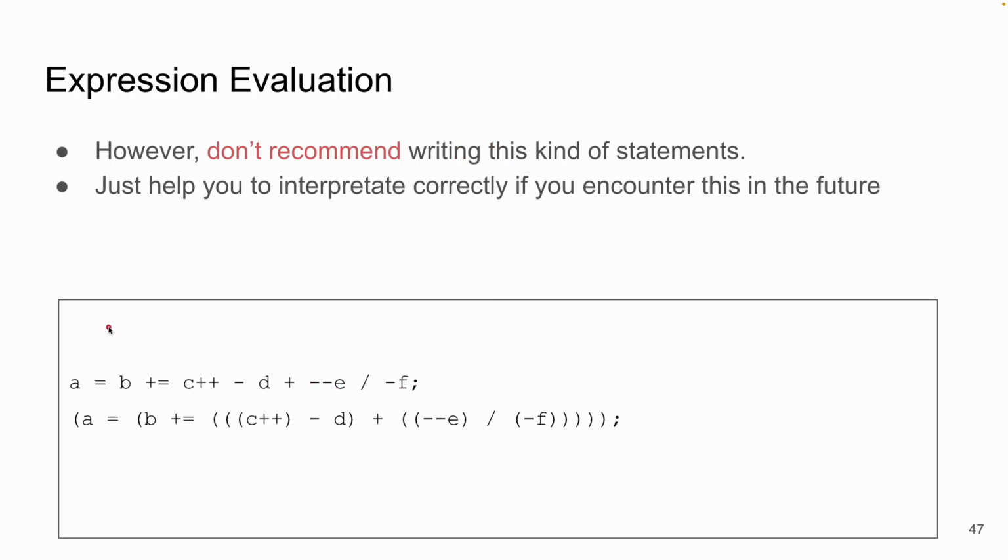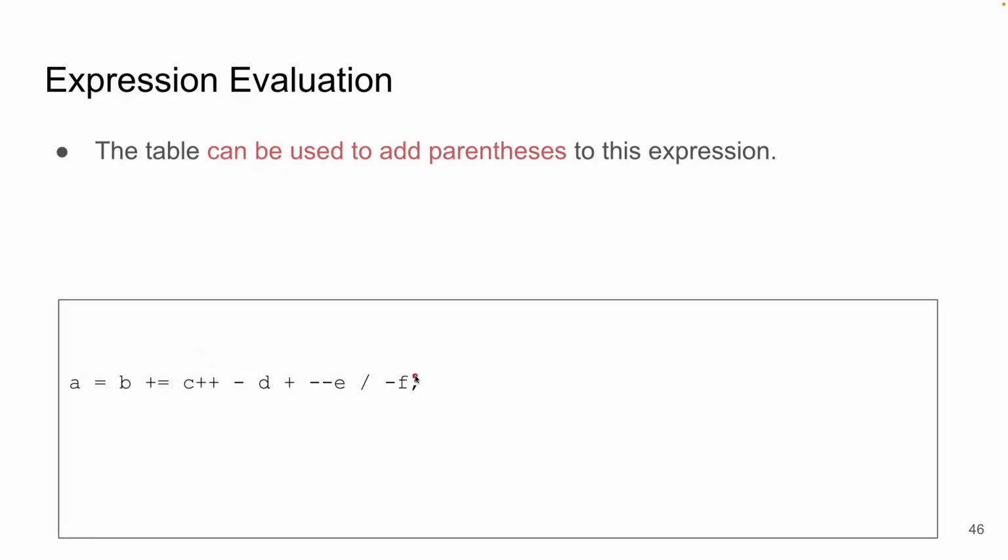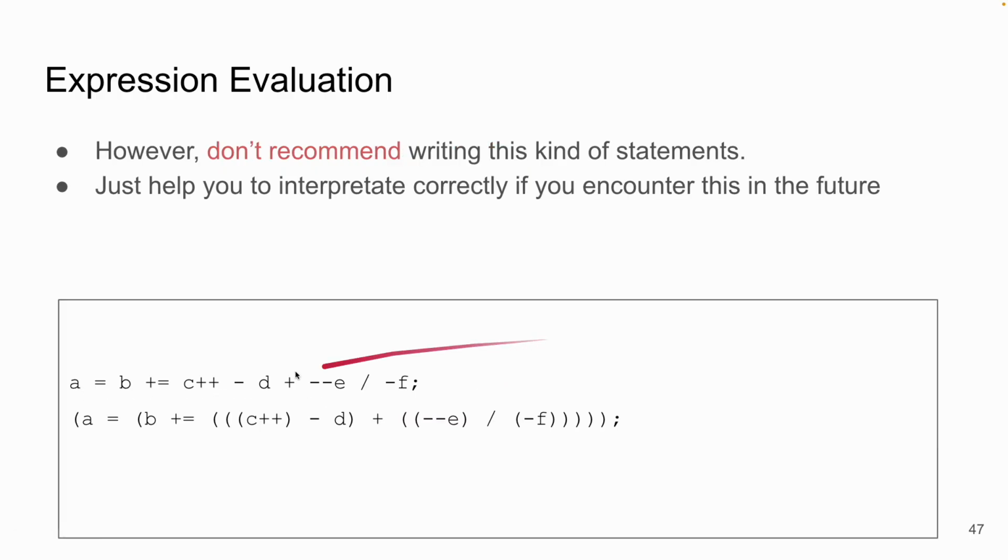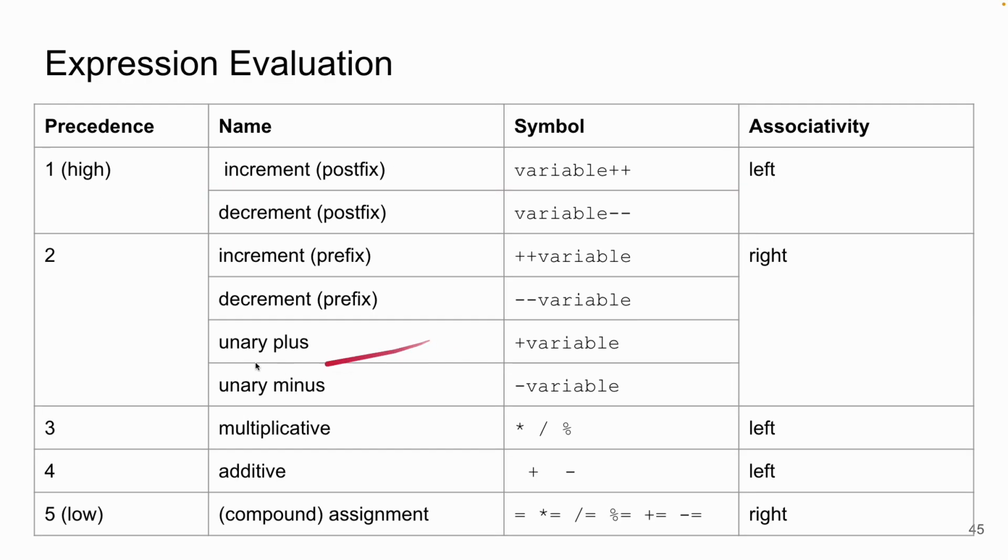I will say this expression is not common in real life because you can see it's really hard to understand, right? There's definitely a better way to rewrite this statement. This statement is just for you to practice this table here.